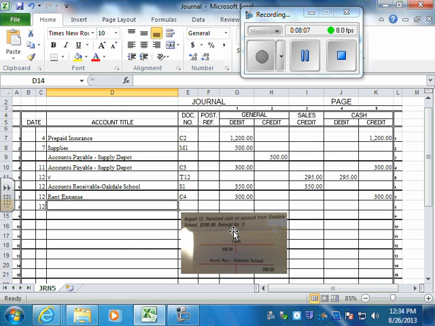So Oakdale is going to pay us back some money that they owe us, and cash has its own column. So the other account, we're going to put accounts receivable, Oakdale School. We put the source document number, which is R2 for receipt number 2. Now, our cash is going to go up with a debit, and accounts receivable, Oakdale School, is going to be decreased with a credit. So we're going to credit in the general credit column 200, and we're going to put 200 in the cash debit column.